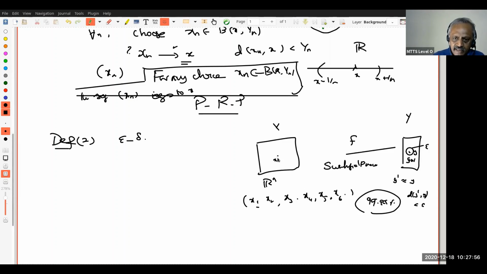Then as a scientist, what I know is that if I choose my x dash within delta distance, because I may not be able to get x exactly, but I can make sure whatever ingredient goes into F, it will be x dash, which will be delta close to x.